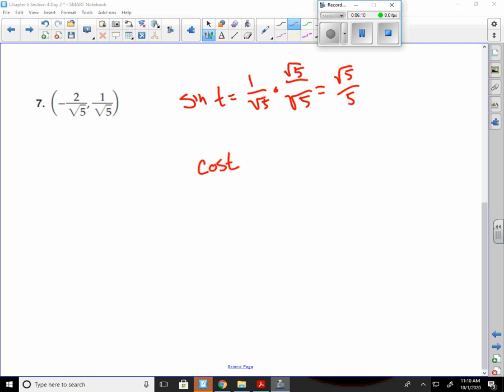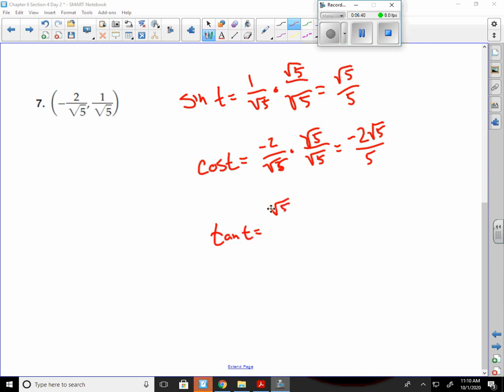Cosine of t, that's negative 2 over root 5. Multiplied by root 5 on top and bottom, it gives you negative 2 root 5 over 5. And to find the tangent now, remember it's sine over cosine.